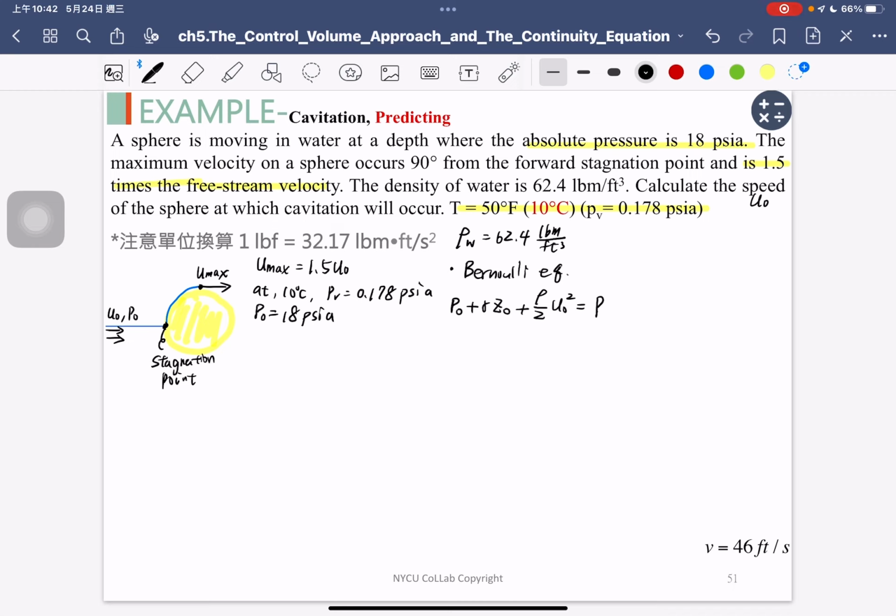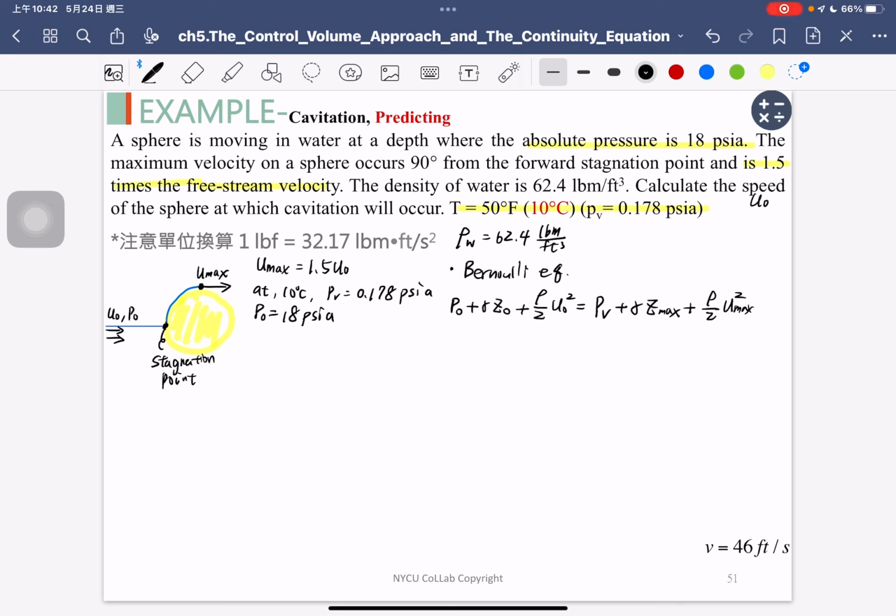But right now the pressure at this point we replace by the vapor pressure, because if the pressure is lower than PV, the cavitation problem will happen. So we have PV plus gamma times the elevation at the maxima, plus rho over 2 times U maxima squared, right?